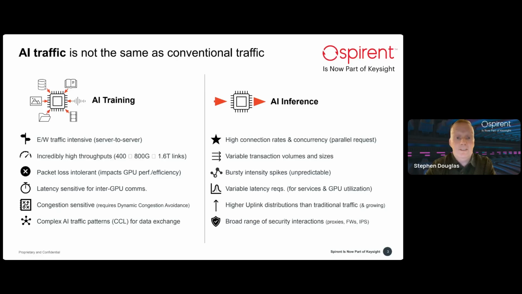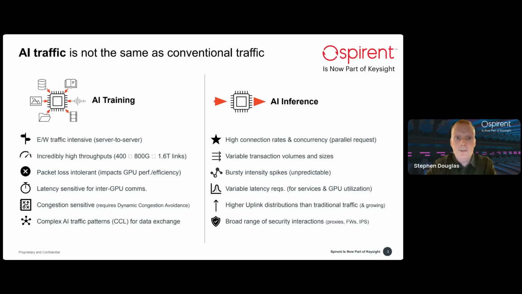The traffic is also latency and congestion sensitive, requiring deterministic low latency to maintain training performance. On top of that, it must also support complex collective communication library traffic patterns, which are used to coordinate the data exchanges between thousands of interconnected accelerators.